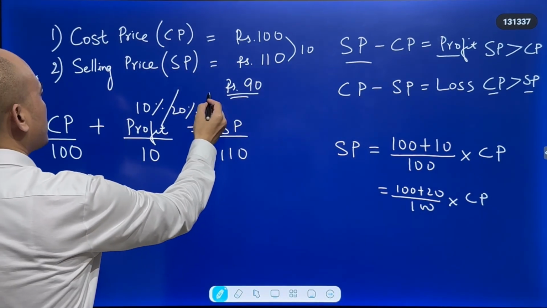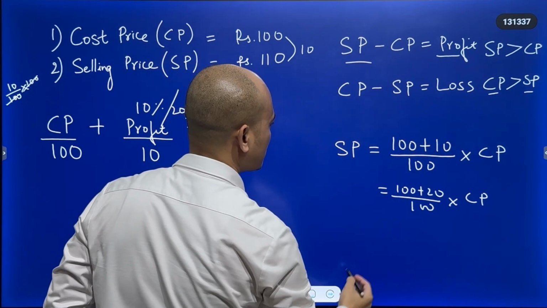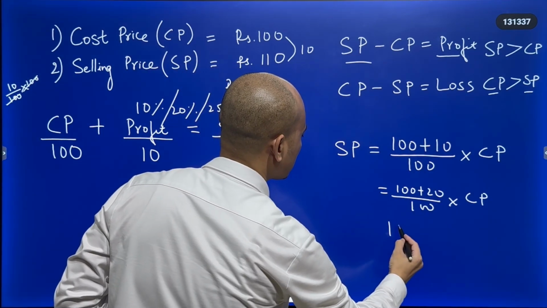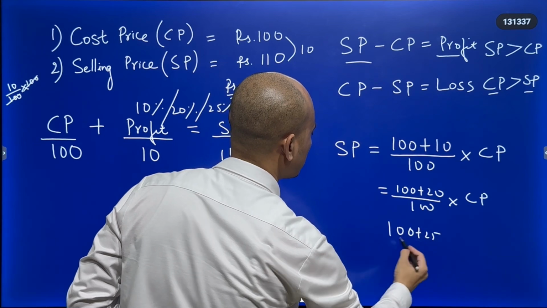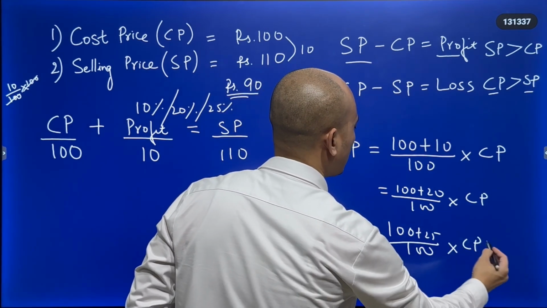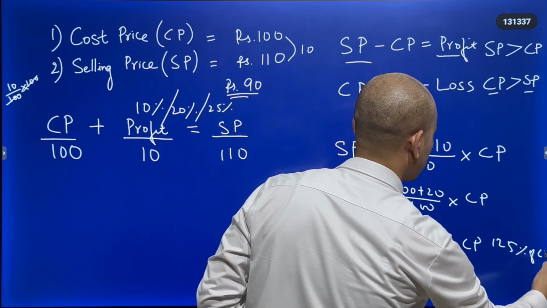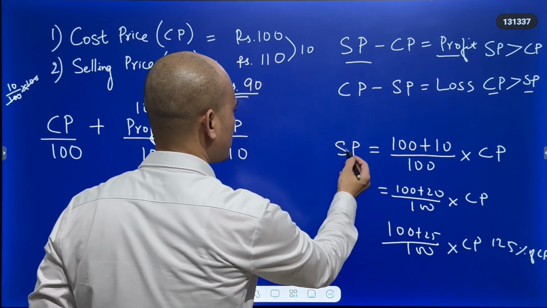If the profit is 25%, then you can directly write 100 plus 25, which is 125, 125 by 100 into CP, or directly 125% of CP, that is SP, selling price.